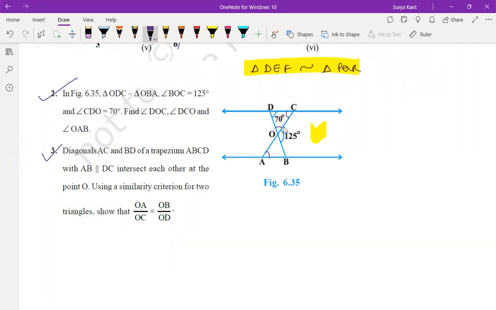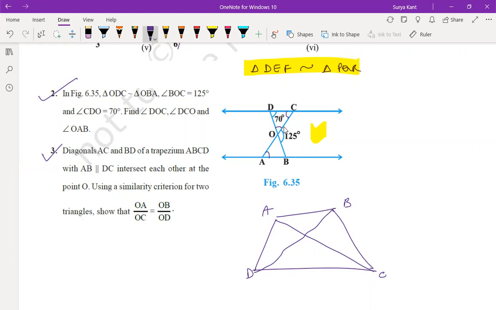So now question number third. Diagonals AC and BD of trapezium ABCD, with AB parallel to DC, intersect at point O. Using similarity, the same thing we have done before, we can do over here also.